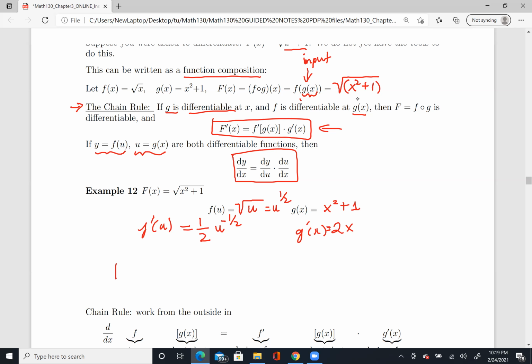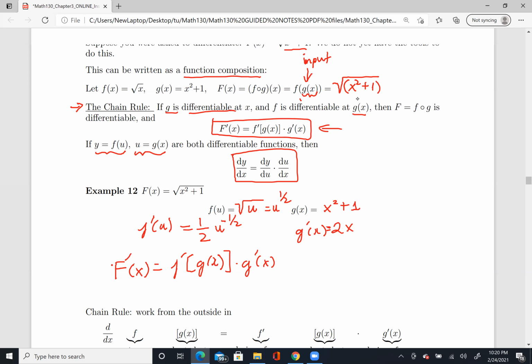The derivative of capital F with respect to x is equal to f derivative of g of x multiplied by g derivative of x.